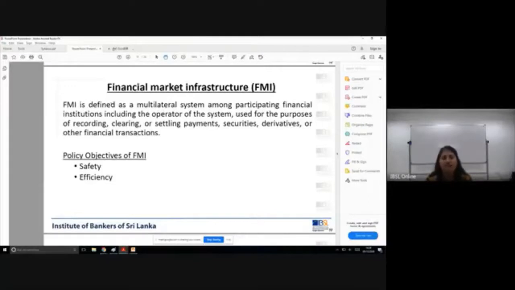All the banks have access to do fund transfers through that mechanism. And the central bank has certain institutions, Lanka Settle, Lanka Clear, which is the operator of the system, also has access to it. So that's why you call it a multilateral system, where the participating institutions and even the operator itself has access.